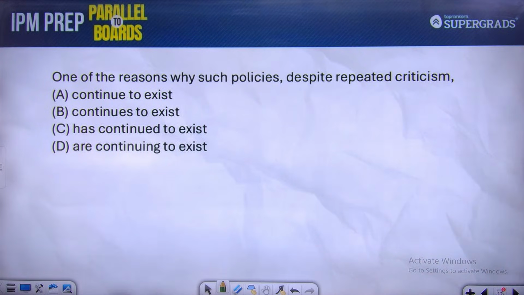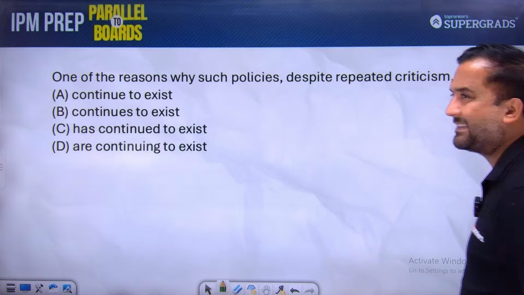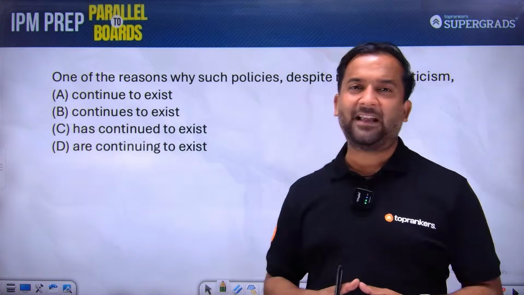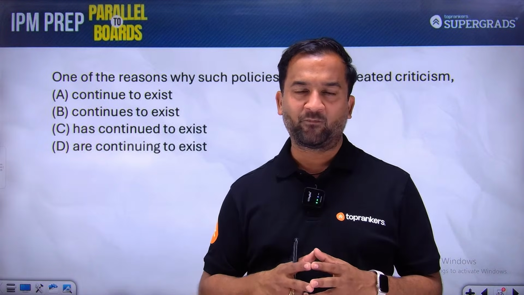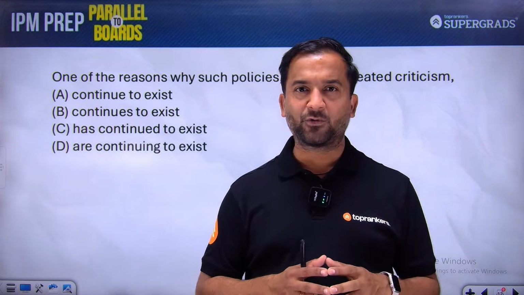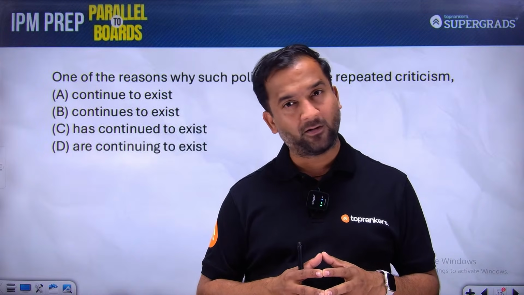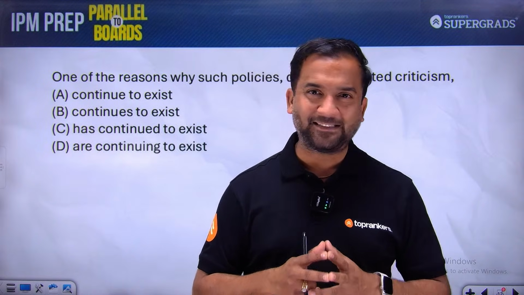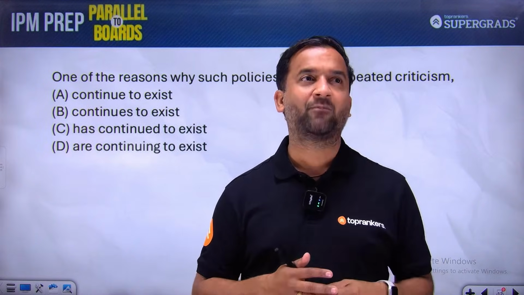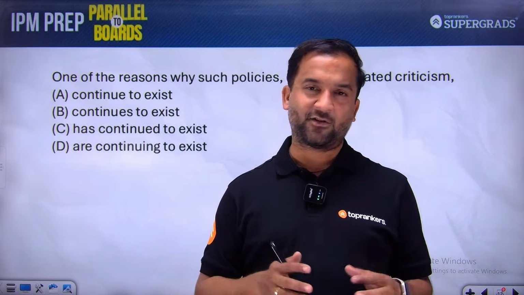And here is our question number 4. One of the reasons why such policies, despite repeated criticism, dash to exist. Now, whenever a sentence starts with one of, the subject that we use with it is plural. But the verb is singular, students. If I say, one of my friends is a doctor.